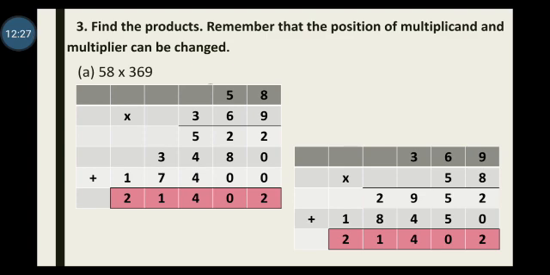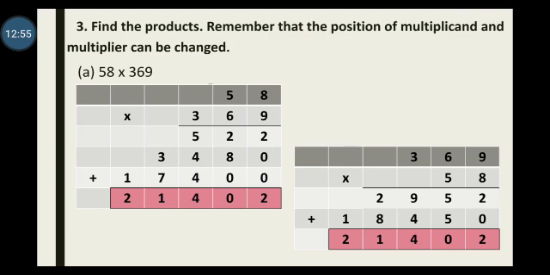Now children, you can do this second part either in front of it, horizontally, or below it. Now you see that I change the order. I write 369 on the top and I write 58 as a multiplier. Again I multiply 8 with 369 and I get 2952. Then for the 0 of 50, we write the 0 first, and I will multiply 369 by 5. I will get 1845.